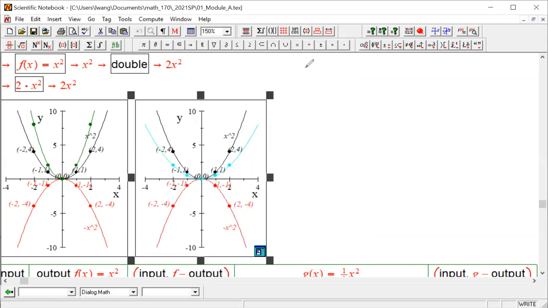Okay, so to clarify, we summarize that this will be 2 times x squared. And the blue is half x squared.